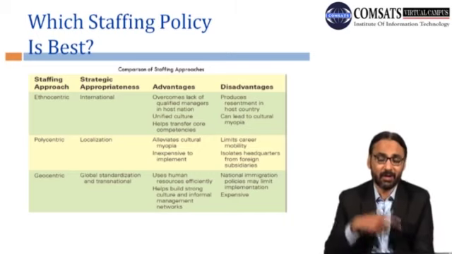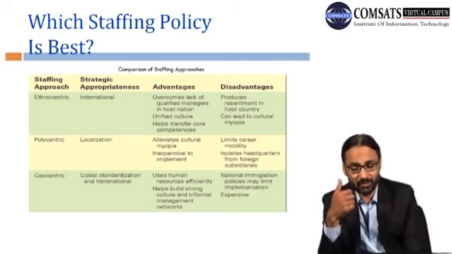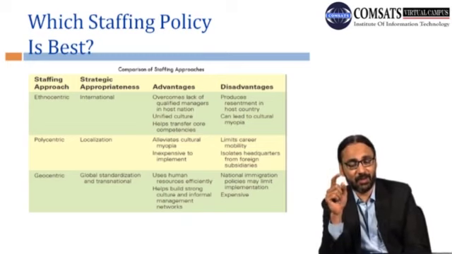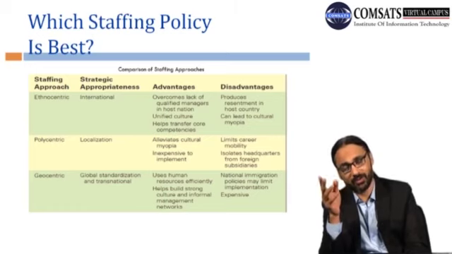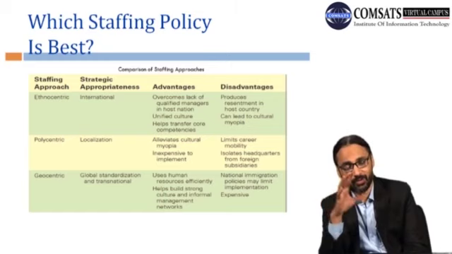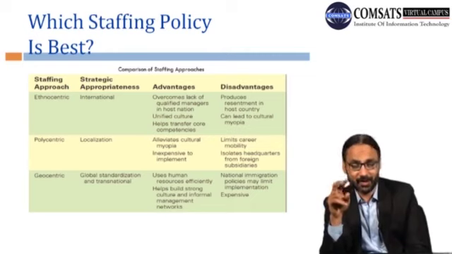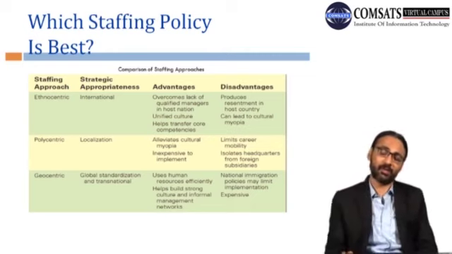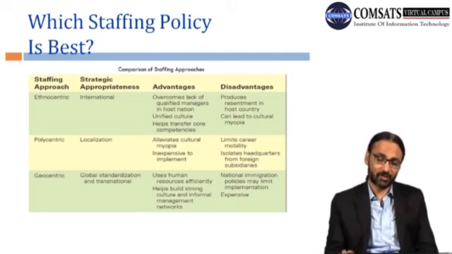The second one is that it helps build strong cultural and informal management networks. And what are the disadvantages? National immigration policies may limit implementation. This is a fact, because of immigration laws it is not always possible to hire people from across the globe. And the second one is that it is expensive, because you are bringing the best people across the globe, irrespective of their nationality. Of course, they are going to demand high compensation.